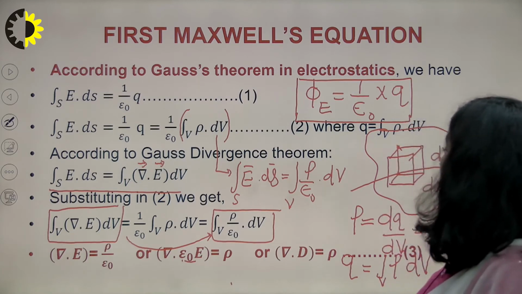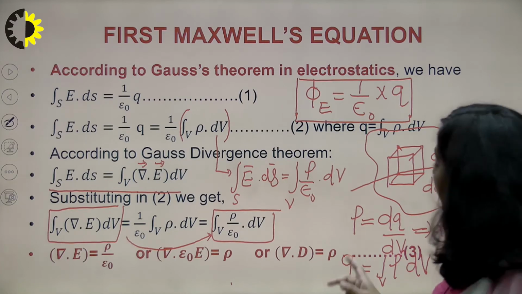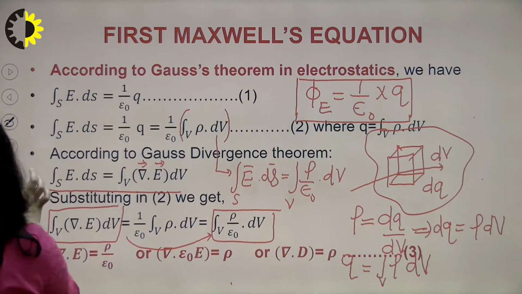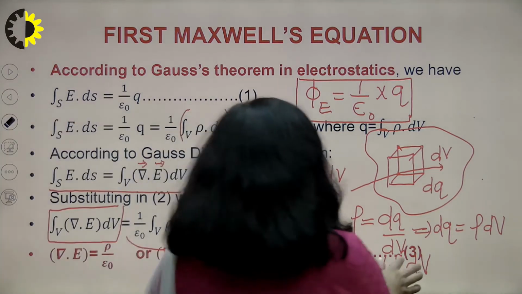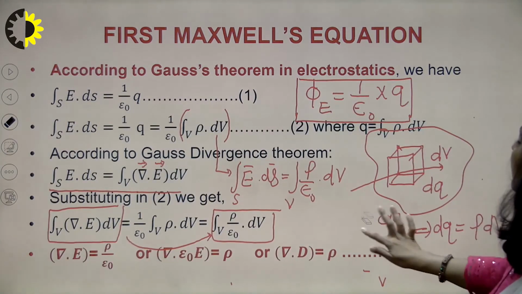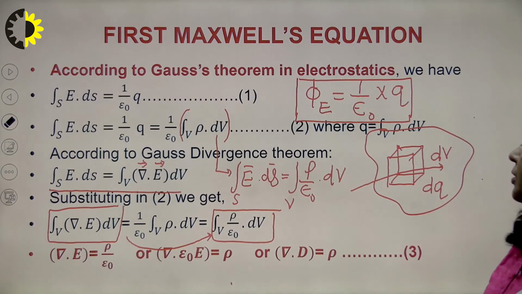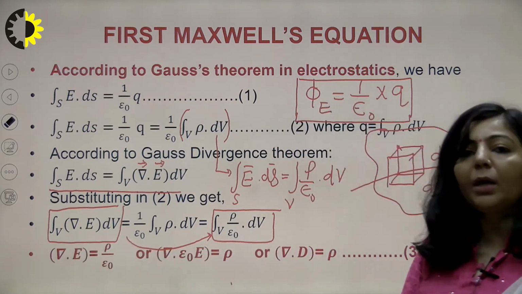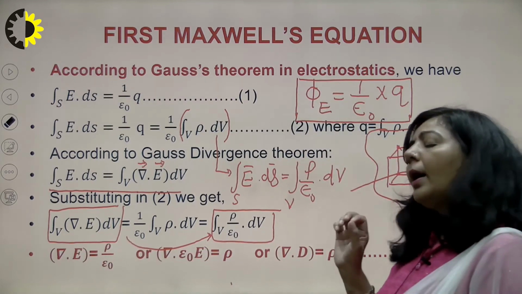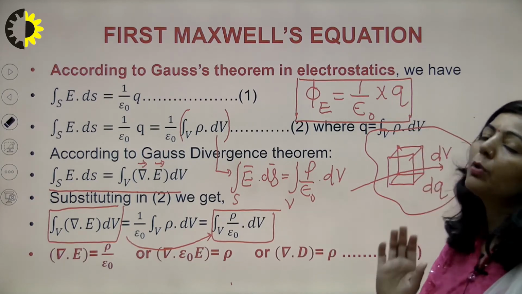It is represented by capital D. So this equation becomes del dot D is equal to rho. So you can represent your Maxwell equation as del dot E equals rho upon epsilon naught, and in terms of D, you can also write del dot D is equal to rho.